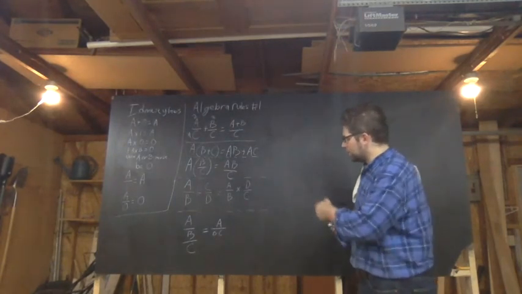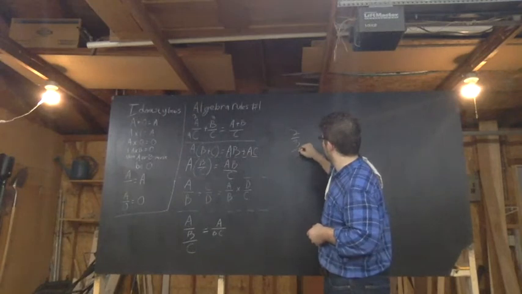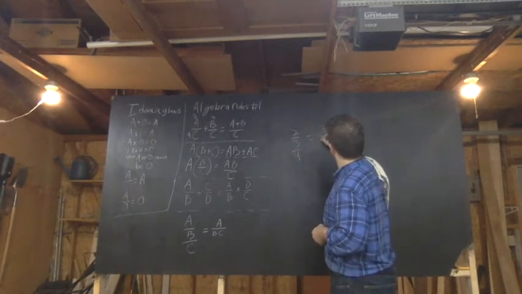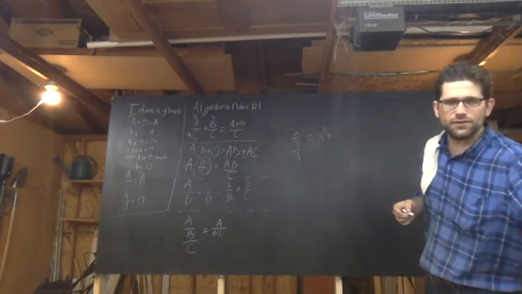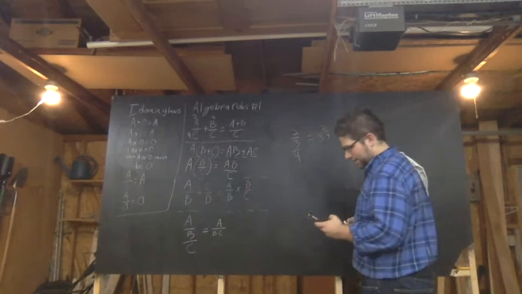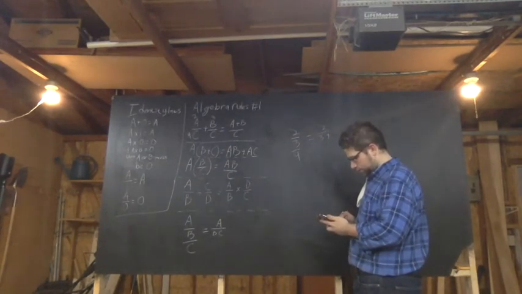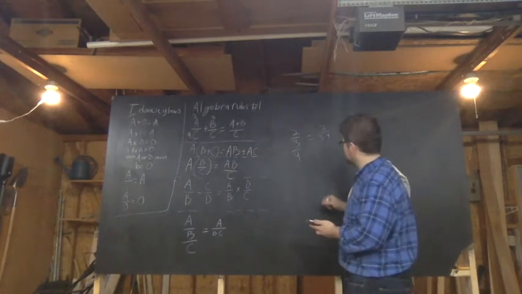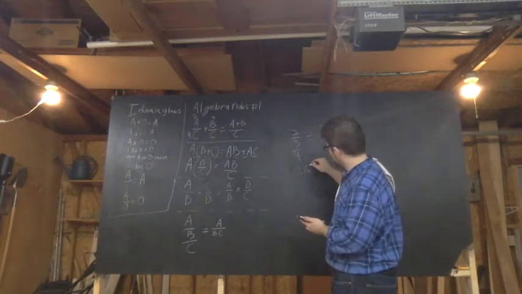Now that might sound a little complex, so let's go ahead and plug some numbers in to make sense of this. So we'll use our classic 2 over 3 over 4 should equal 2 over 3 times 4. Now this is another one I can't do in my head. Handy calculator. 2 divided by 3 is equal to 0.6 divided by 4 is equal to 0.16 repeating.